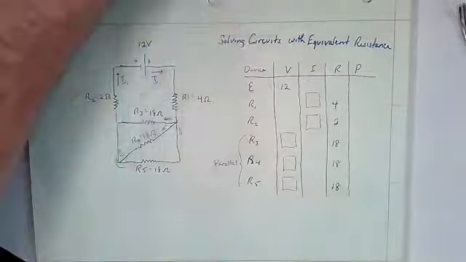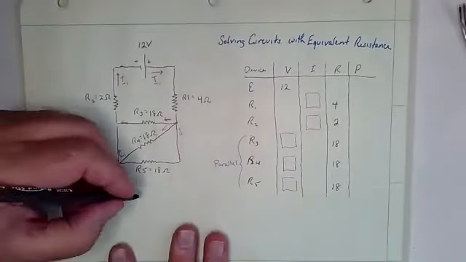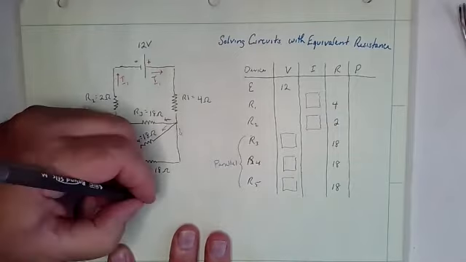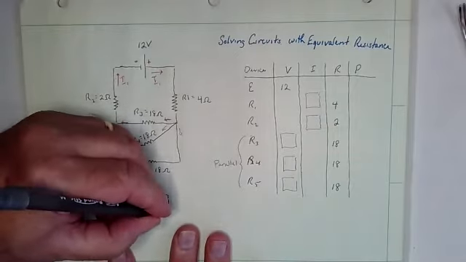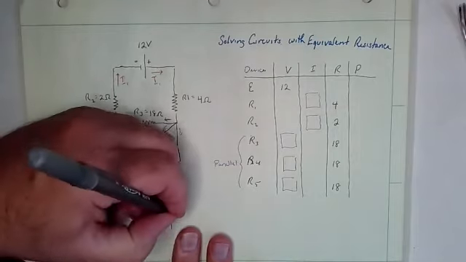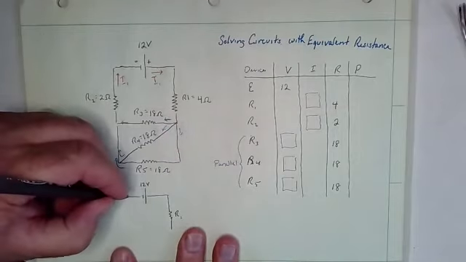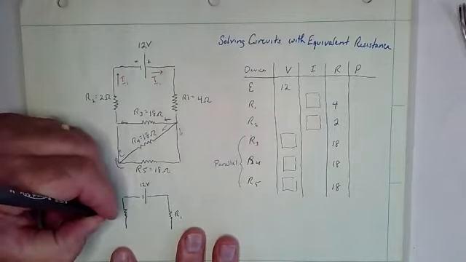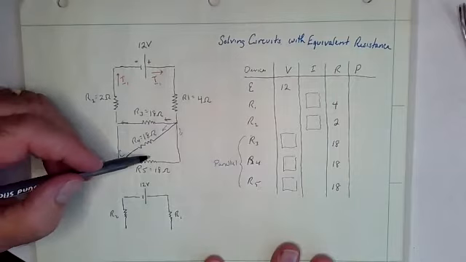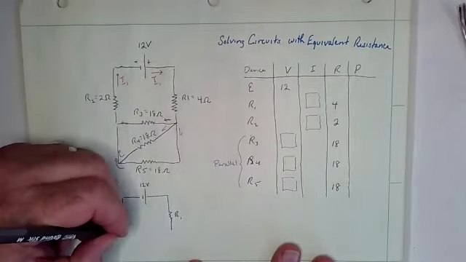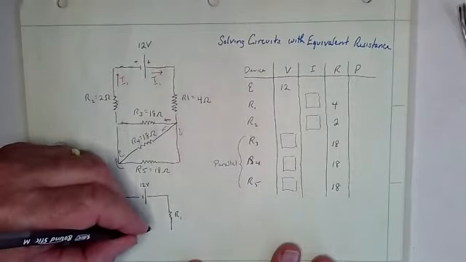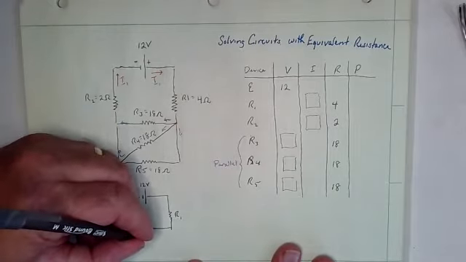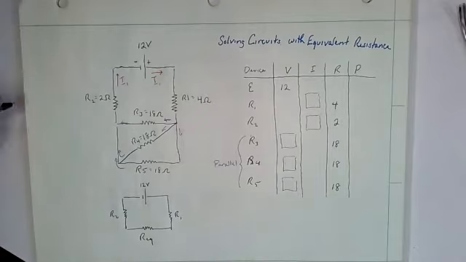So I can redraw the circuit, and that's actually the key for this equivalent resistance, is that we can redraw the circuit, and now we'll still have R1, and we'll still have R2. But then we can replace all three of these with an equivalent resistance that we can determine right now.